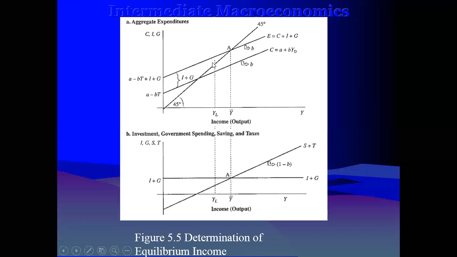So AD is greater than AS, or E is greater than Y. Is that okay? If this is the case, it means there's a disequilibrium. So something should happen before we go back to our equilibrium point.